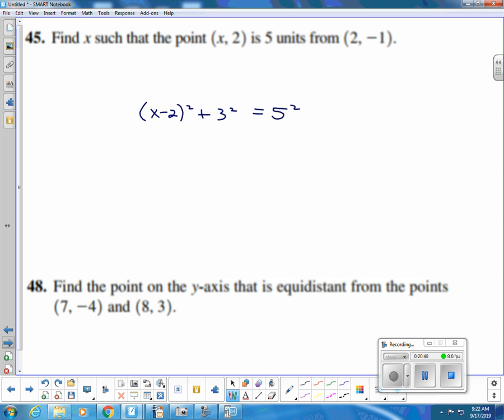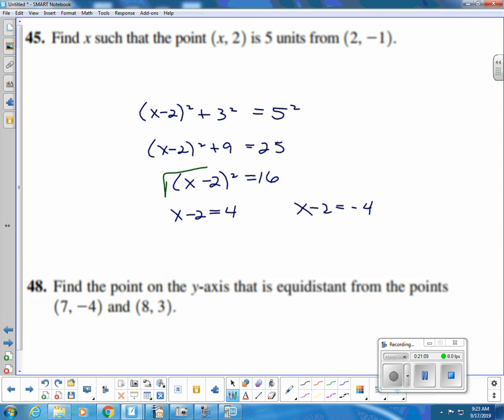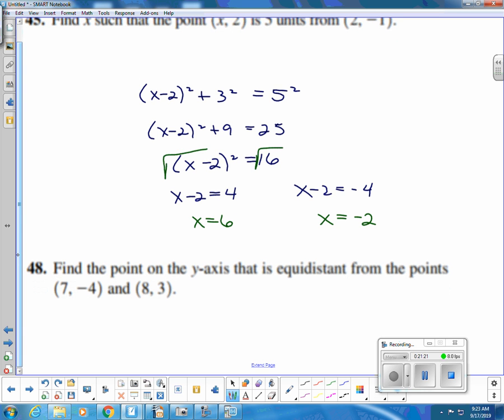So that's where we're getting the 3 squared equals the distance squared. Okay, so (x minus 2) squared equals 16. We're going to take the square root of both sides. So remember, you're going to get 2 answers here, plus or minus. So our first answer is going to be x equals 6. Our second possible answer is x equals -2. Okay, so you're going to get 2 answers there.